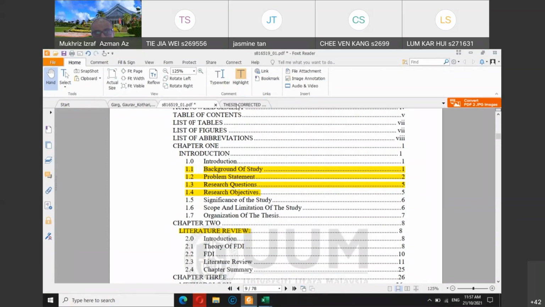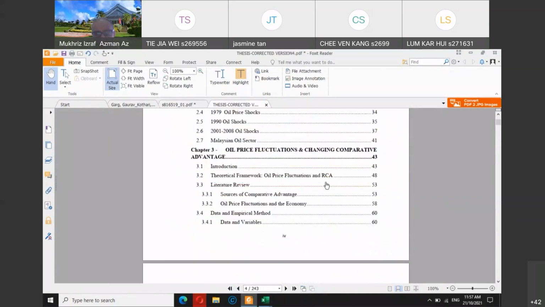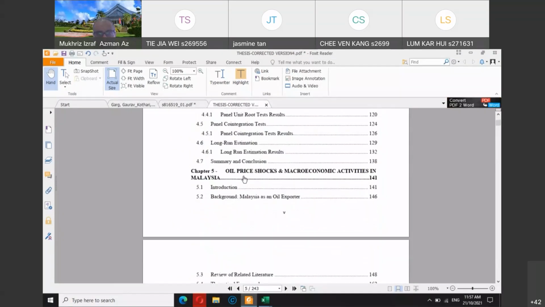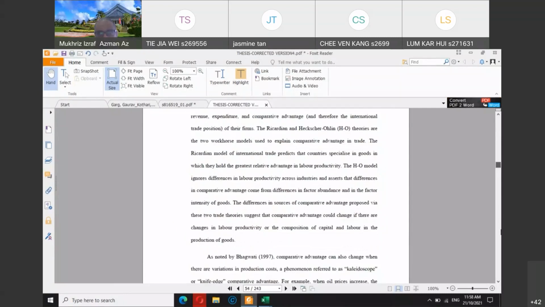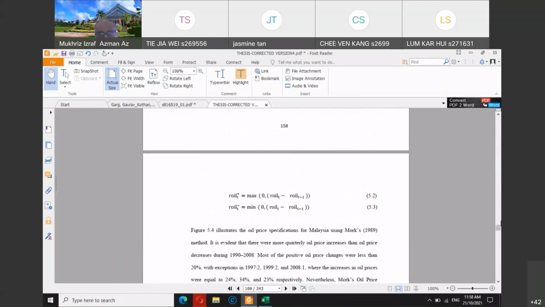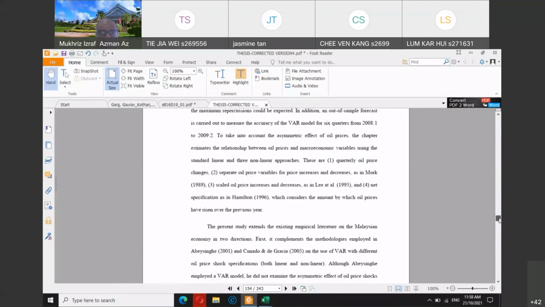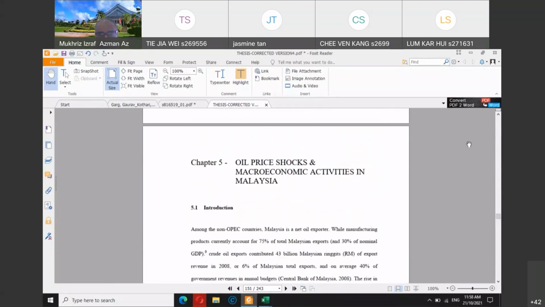So I will share one of the projects from my thesis, and that will be on chapter 5, because that is specifically on the Malaysia case. My area of expertise, my focus and interest, deals with secondary data analysis. It has to do with regression. Primary data is not my area of focus.